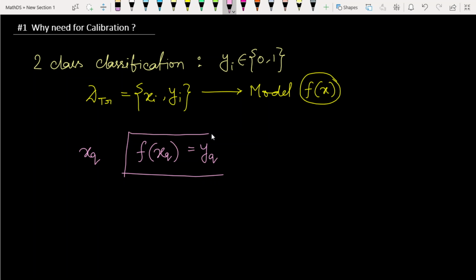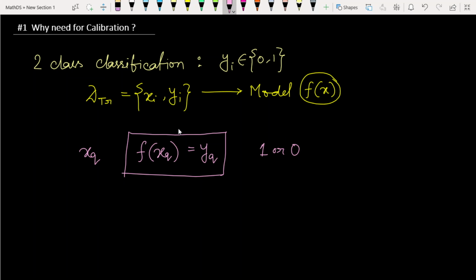This yq will be either 0 or 1, depending on how accurate our model is. But this yq may not always be correct. There may be some wrong predictions, because no model that we build is always correct for all data sets.